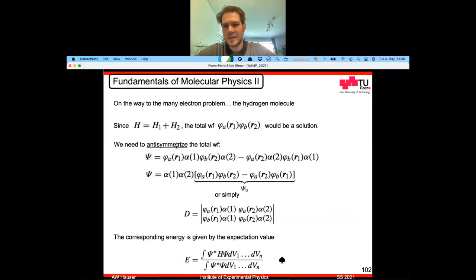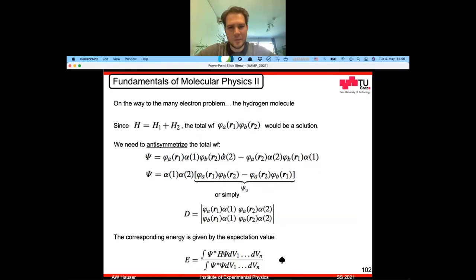But the electron has also this intrinsic internal degree of freedom, the spin, and so to be fully accurate, I'd have to also address and write down the actual spin state. Okay, so that's what's happening here, and I'm doing the anti-symmetrization. I'm writing, for example, electron 1 sitting in orbital A, so it's phi a of R1, multiplied by alpha 1. This is just our way of denoting spin up electron number 1.